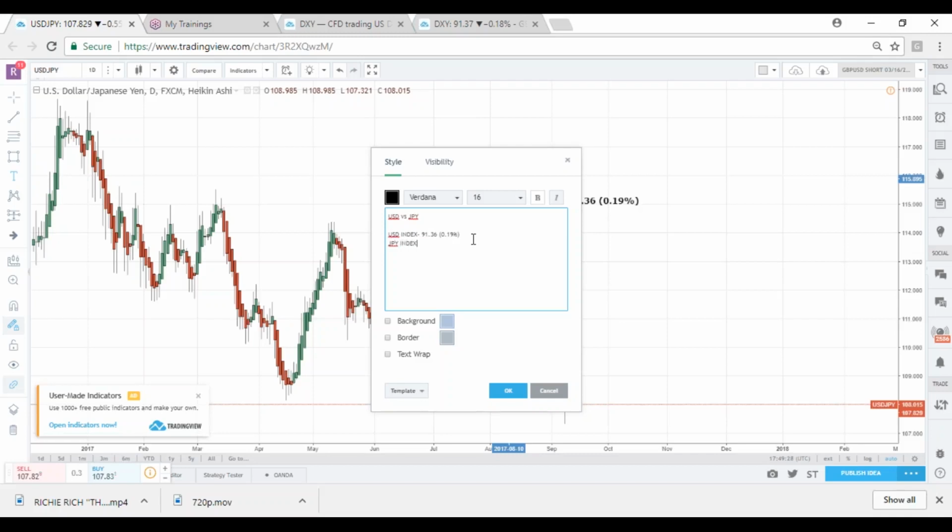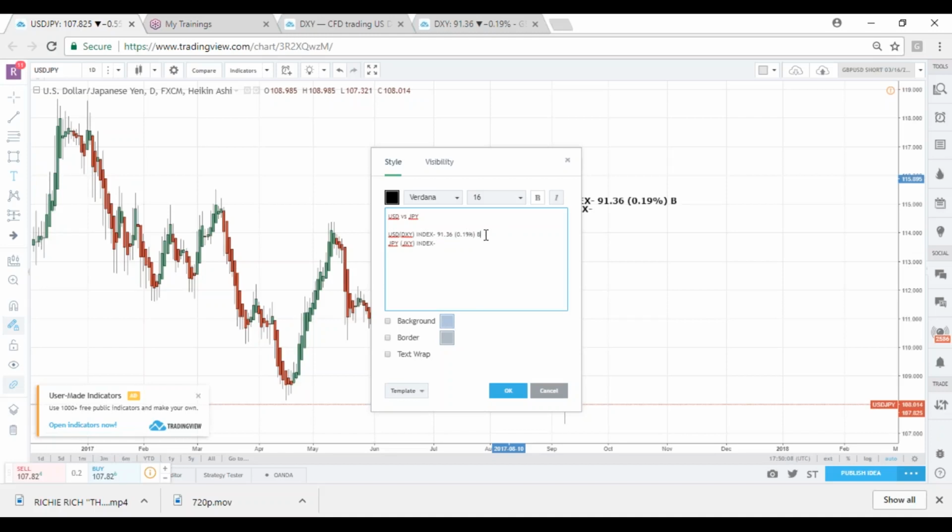That being said, next we're going to look up the Japanese index. So DXY is the US dollar index and JXY is the Japanese yen index. Now all I'm going to do from here is type in JXY into TradingView to figure out exactly where that index is, if it's bullish or bearish.